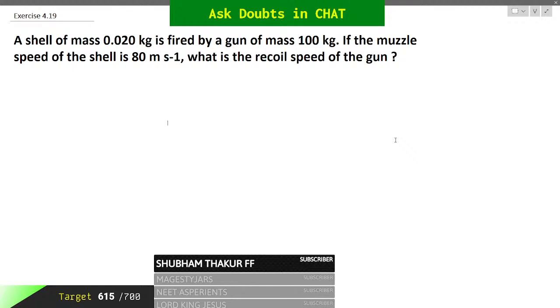Here the initial momentum is again 0, as the gun and the shell were at rest. So P initial of the system, here the gun and the shell, is equal to 0, and the final momentum of the gun and the shell must also be 0, and the final momentum is composed of the gun moving in the opposite direction to the shell.